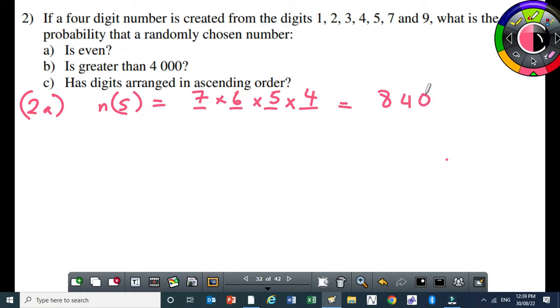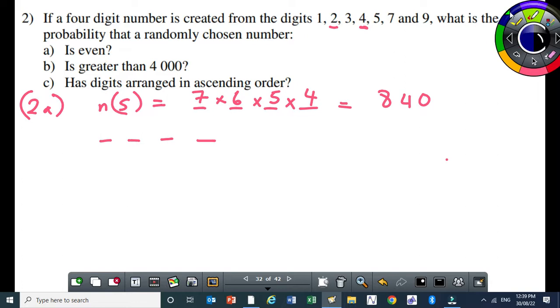Then, if I want to determine the probability that a 4-digit number is even, I can determine the number of digits that are not even, and then subtract. So we have 4 positions. If a number is supposed to be even, it's supposed to end with a 2 or a 4. So in the last position, 5 digits can fight for it.